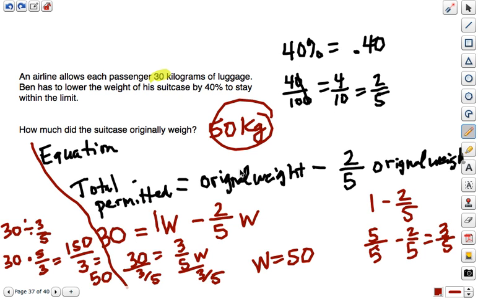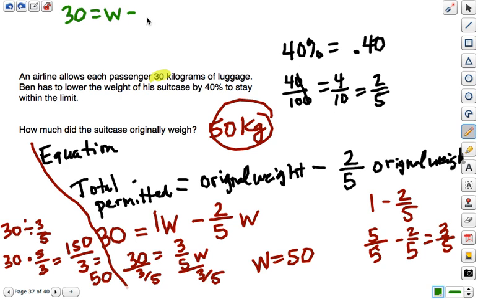Let's look at it really quick here in a different color. If you prefer to use decimals, that is fine too. So let's look at how we would solve that equation if we used a decimal instead of the fraction. So I'm up here at the top in green, top left of the screen.